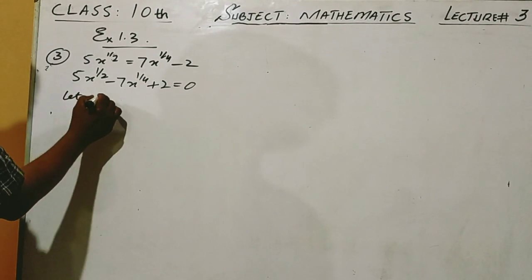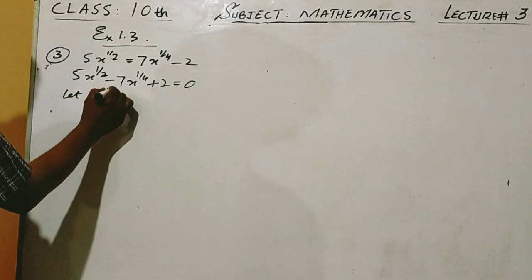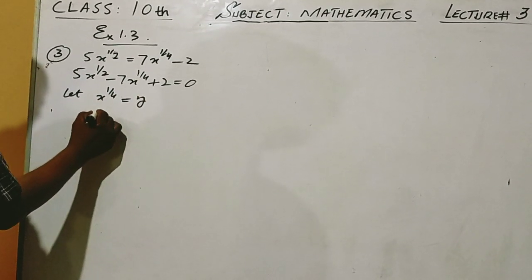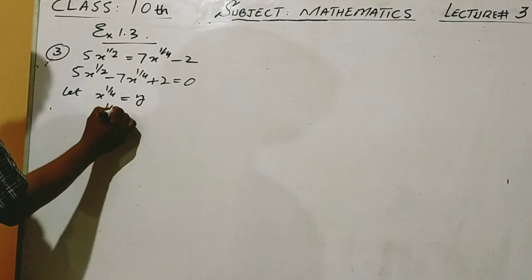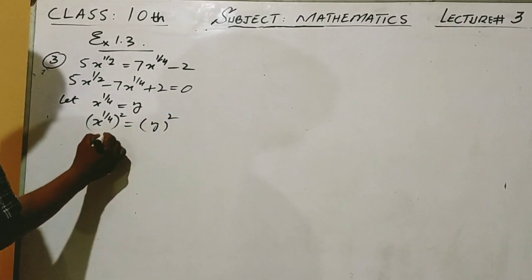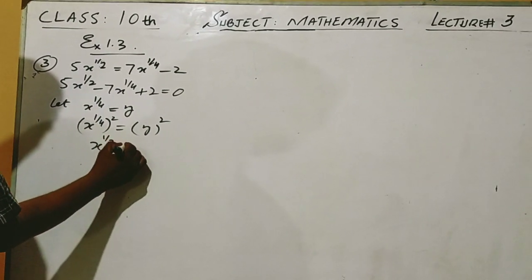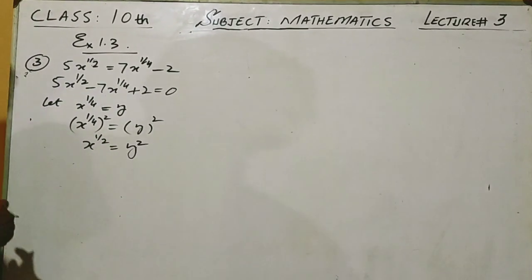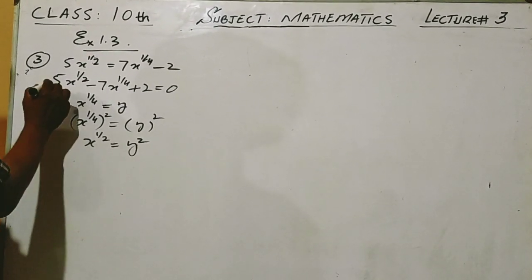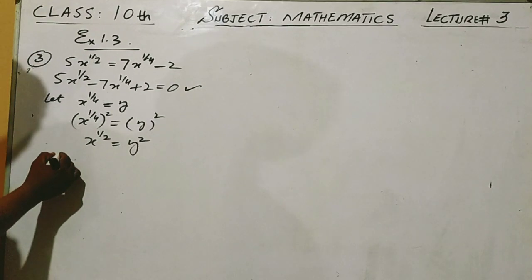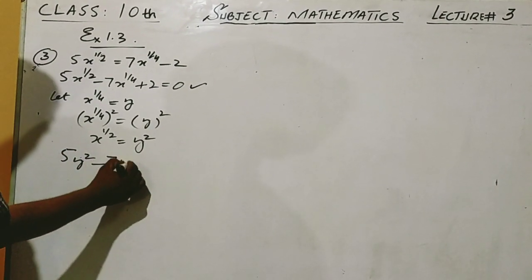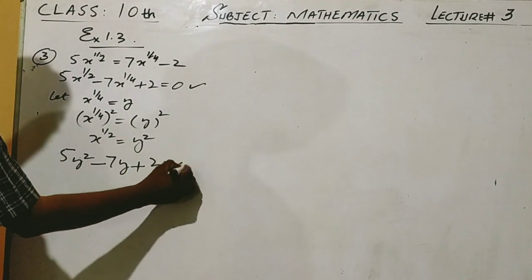Let x raised to 1/4 be equal to y, and after squaring both sides, you will see that x^(1/2) is equal to y squared. Now you will substitute in this equation: 5y squared minus 7y plus 2, this is 0.